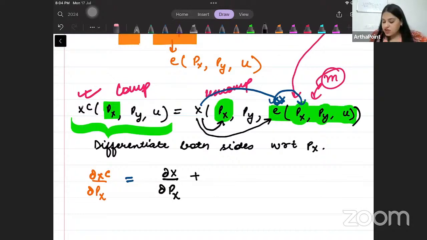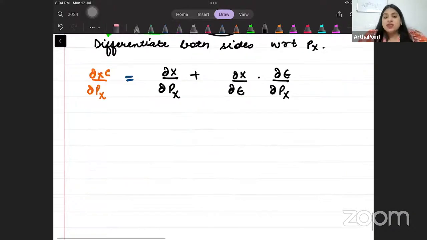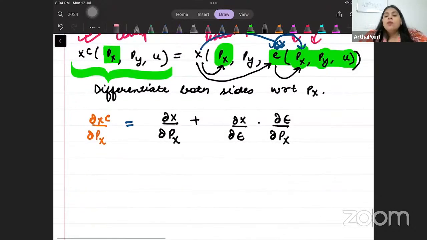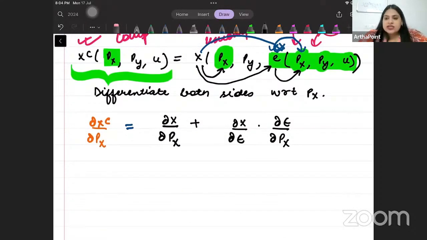So how x changes as expenditure changes? And expenditure is a function of px. So how expenditure changes as px changes? This is the differentiation. You must learn this kind of differentiation even for the next class.